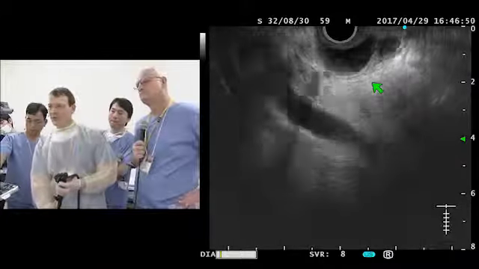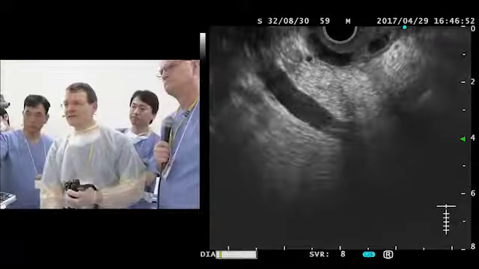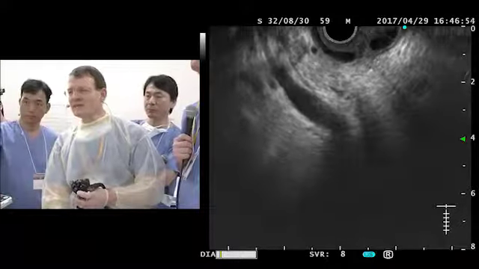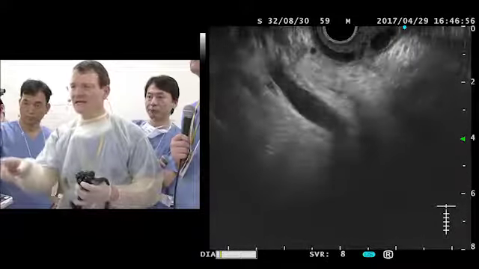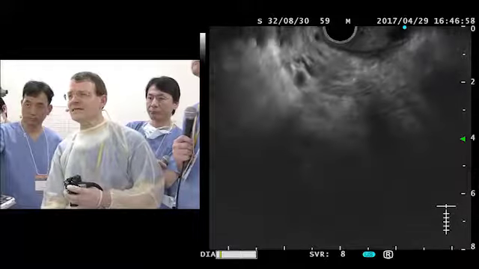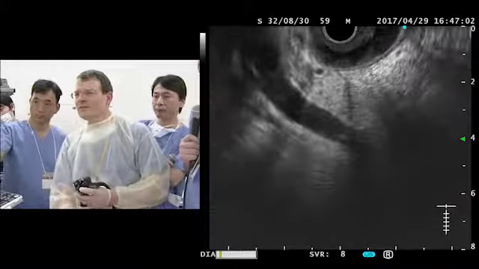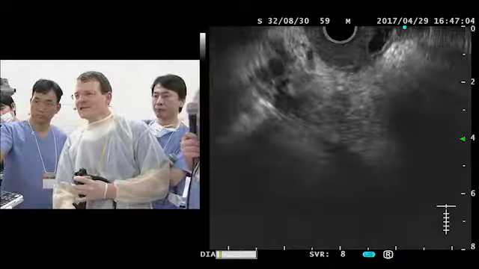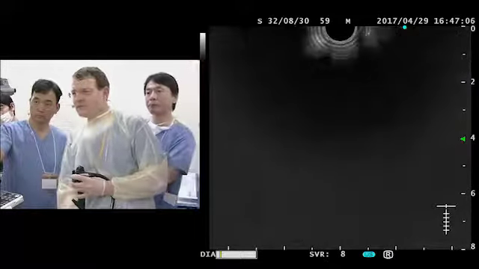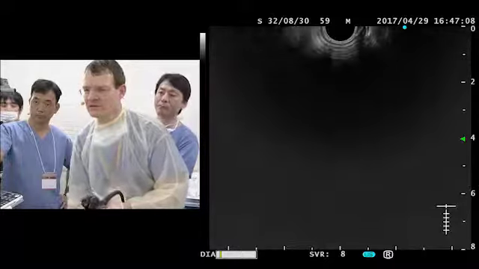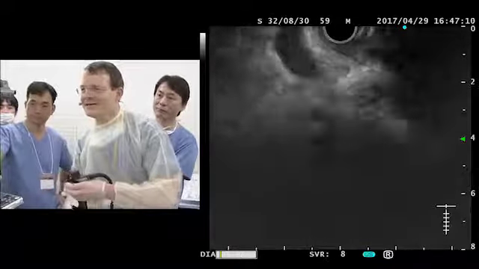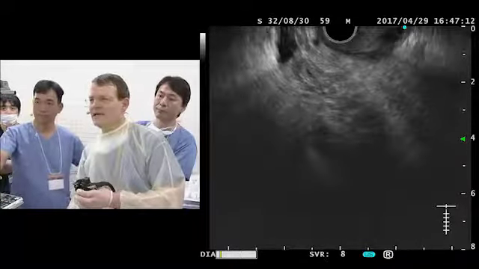Another important thing we can show you here is the pancreas divisum, because you see very nicely the pancreatic duct, and this pancreatic duct goes to the minor papilla. I pulled the scope a little bit out. Now I slipped out. I'm sorry. Wait a moment. We have it back here.